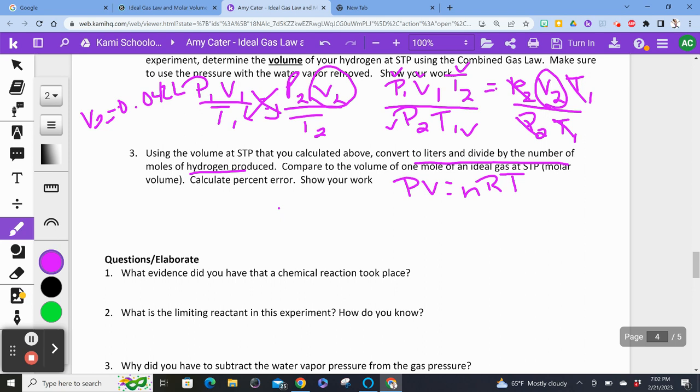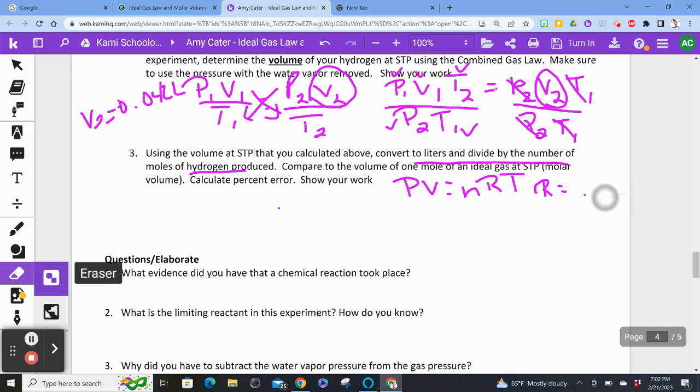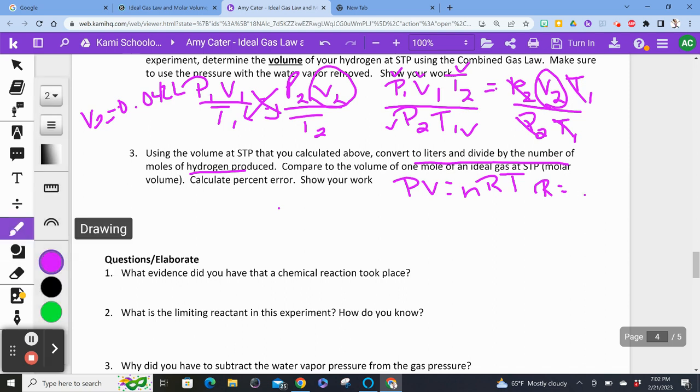The pressure that you had of the hydrogen, the volume of hydrogen which you measured, and then T is the temperature of the room, and R, remember, is the gas constant, 0.0821 liter atmospheres per mole Kelvin.